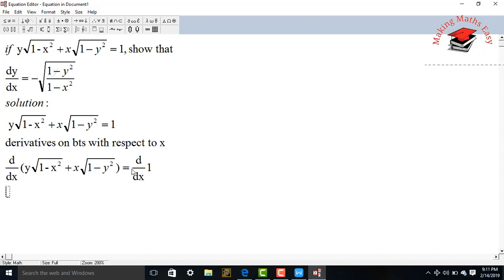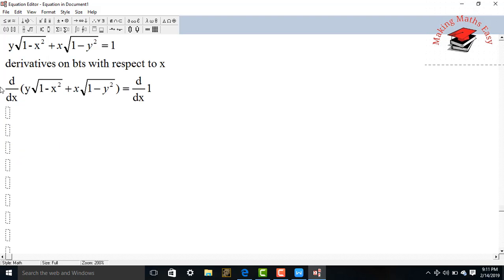As we know that the derivative of a constant number, let's say 1, is equal to 0, so we will put the 0 in the next step. Now we will differentiate the individual terms, applying the UV rule of differentiation for each. So let's start.